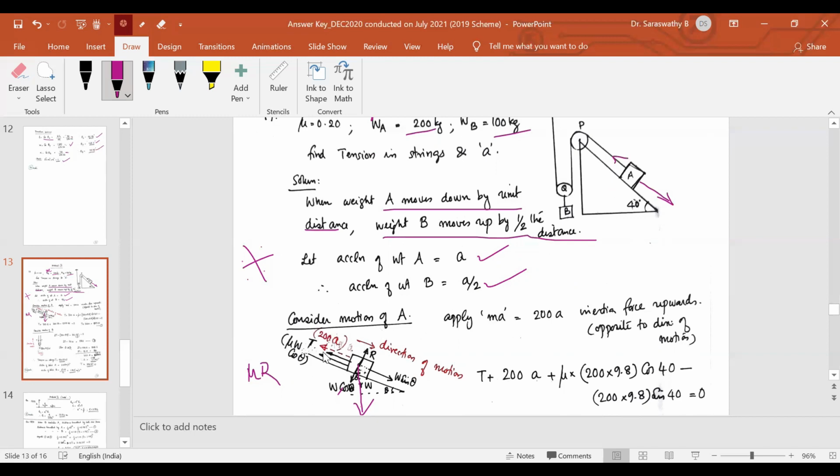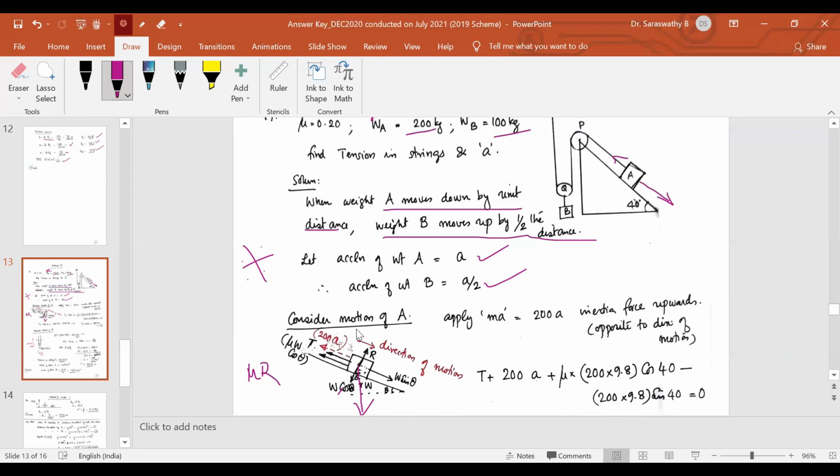So the actual forces are W sin theta downwards along the plane, W cos theta normal to the plane acting downwards, and the normal reaction acting upwards. This can be utilized to find R equal to W cos theta. Then mu W cos theta, or mu R, acting along the plane upwards, and tension in the string acting upwards.